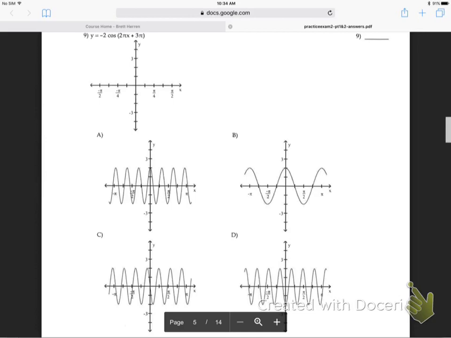Number 9. Okay, so y equals -2 cosine of (2 pi x plus 3 pi). So you know the drill, the ABC thing. A is -2, B is 2 pi, C is 3 pi.